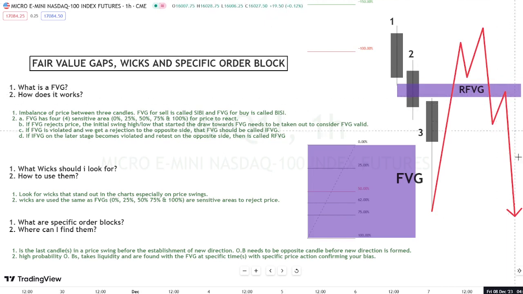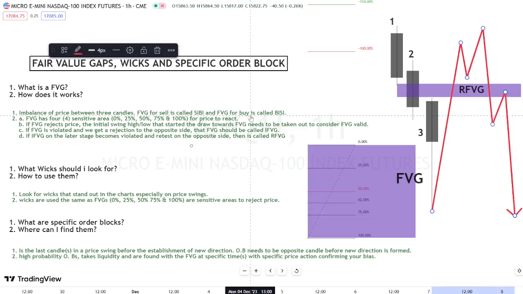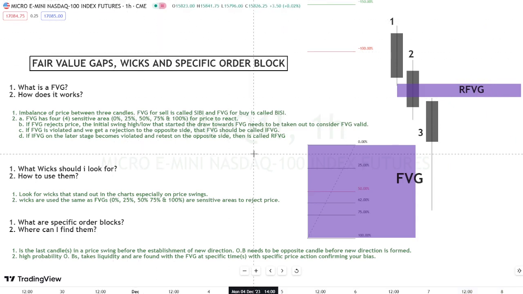We get price coming and retesting in the opposite direction again. This one then becomes a Reaper fair value gap. It means it works the way it was intended to work, but at a later stage. That's how I conceptualize the Reaper fair value gap from what ICT has taught.